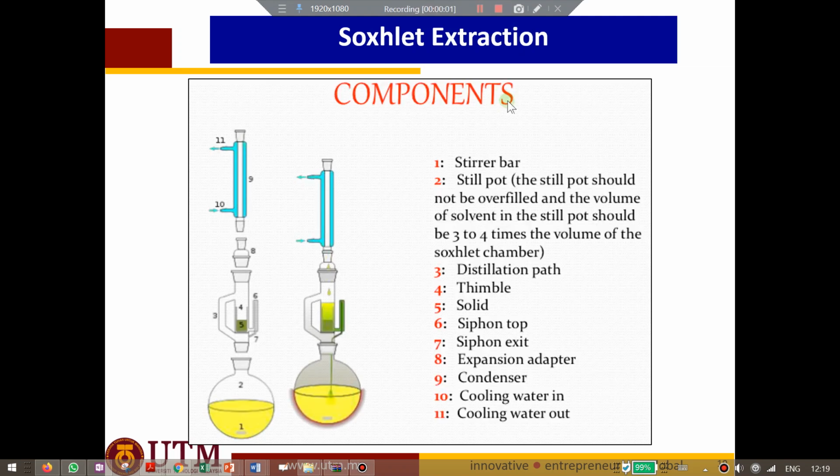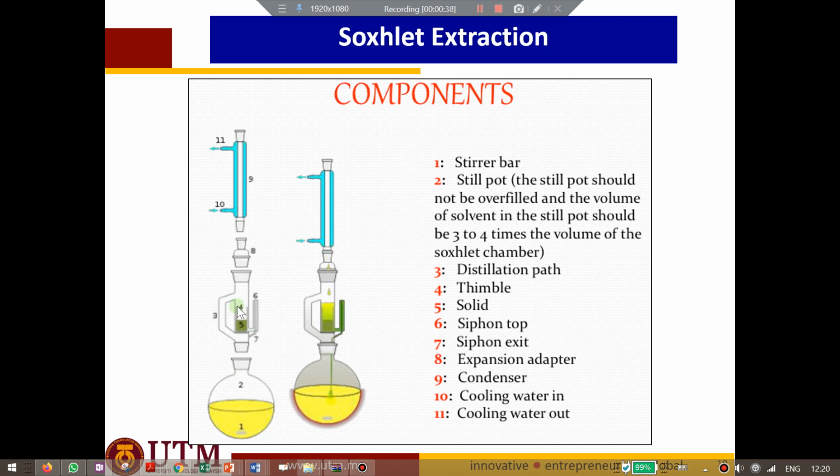Now we will look into the components of the Soxhlet extraction. It's actually a little bit complicated. The first component is the stirrer bar, to stir the solvent of extract. Number 2 is the still pot, a round bottom flask. Number 3 is the distillation path, the pathway for the evaporated solvent.